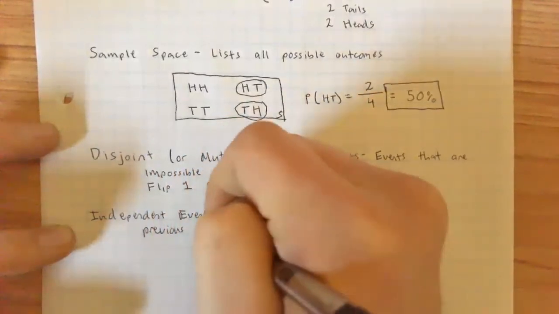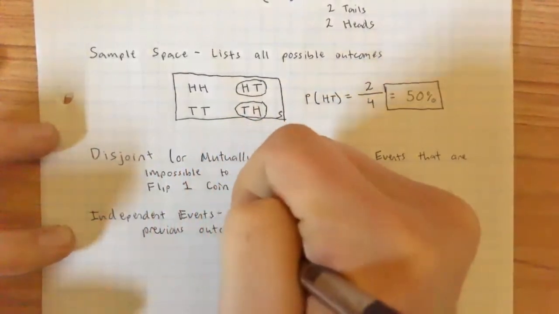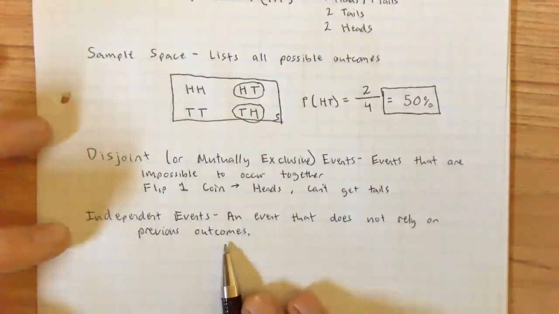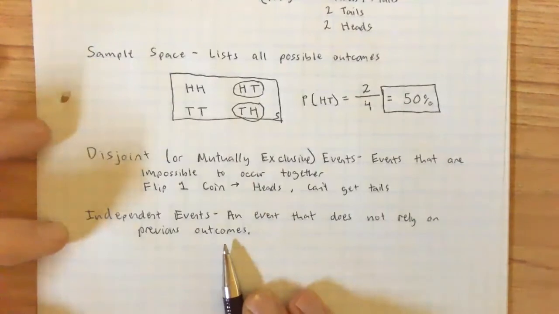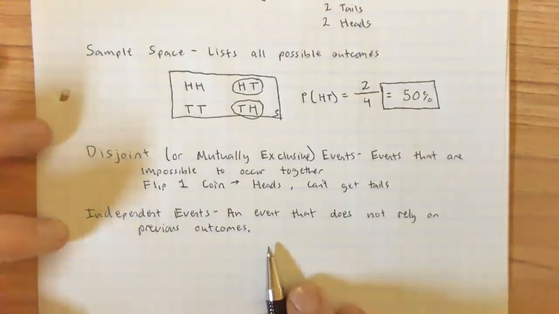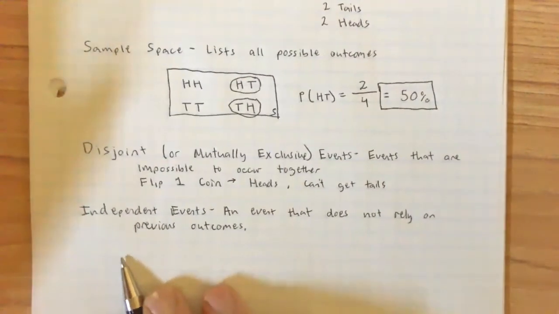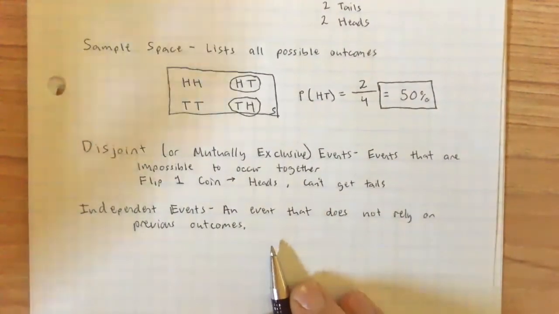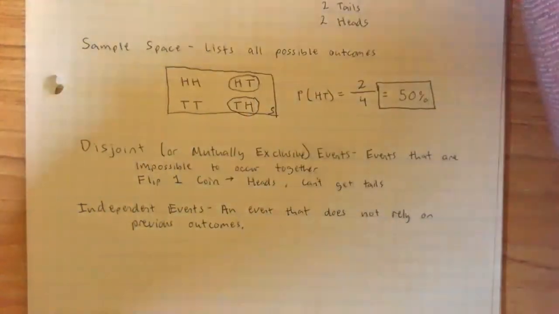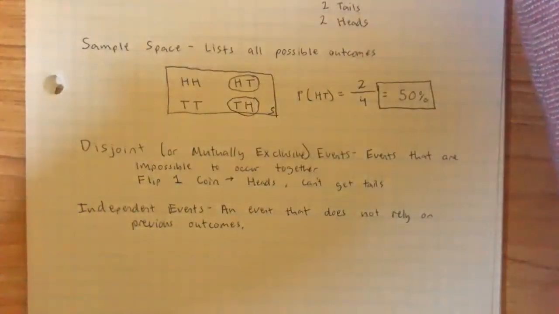So if I flip the one coin again, I have an equally likely chance at getting heads and tails. I flip the coin again. Once again, there's a 50% probability that I land on heads or I land on tails. If I flip the coin again, it doesn't matter what came before it. I still have a 50% chance of landing on heads or tails. We'll talk about dependent and conditional events later on in the week.